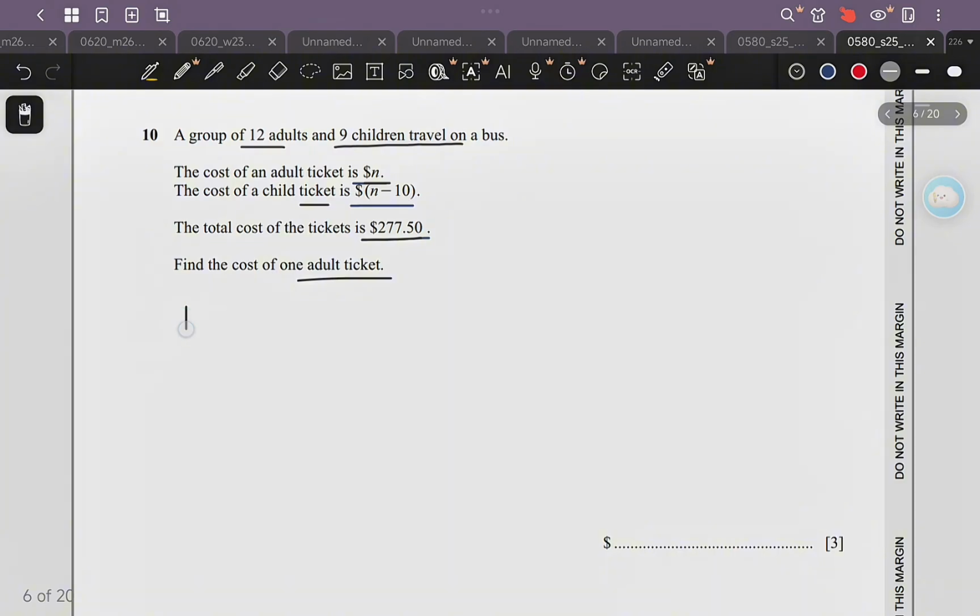So what we will do is 12N, because there are 12 adults and one ticket costs N. So 12N plus, same with the children, 9 multiplied by N minus 10, and that costs $277.50. Now we will solve it.